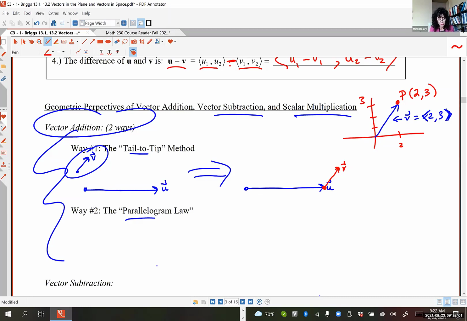That's called the tail to tip method. Well, then what? Well, the vector u plus v is the vector connecting the tail of u to the tip of v. That's this vector right here, u plus v. And that's called the tail to tip method. And there's a picture of what u plus v looks like.